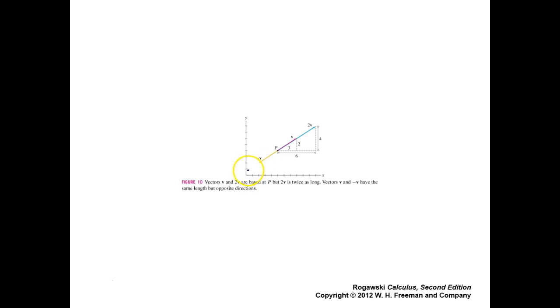They show a vector sort of going like this, and another vector sort of going like this. They named this one vector V, and that would be components A comma B.